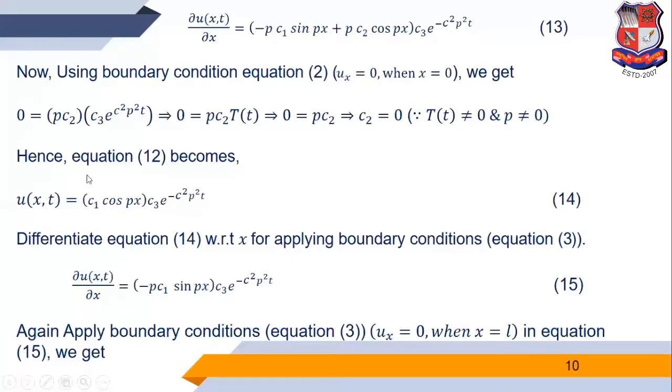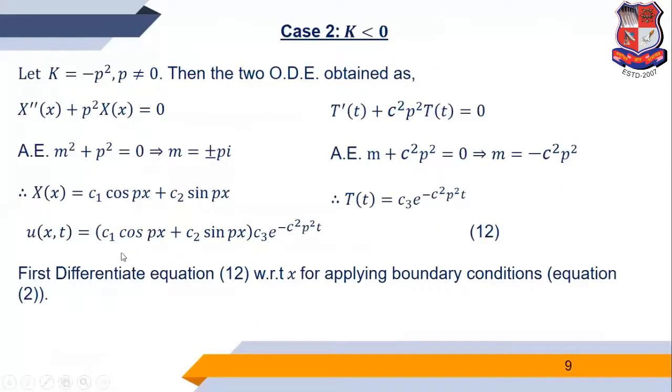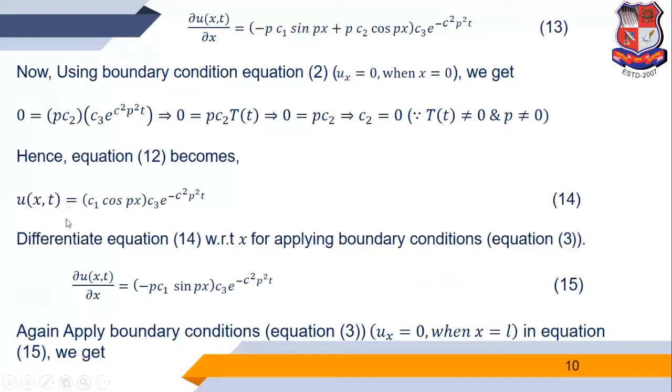Hence equation 12 becomes u(x,t) is equal to c1 cos px into c3 e raised to minus c square p square t, because in equation 12 we input c2 is equal to 0, then we get this.